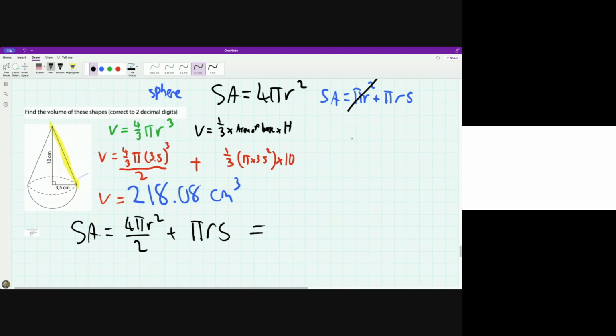So can someone please work out for me, if that's 3.5 and that's 10, what is the slant height?